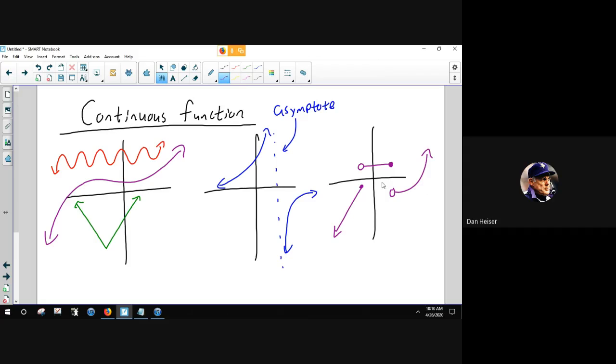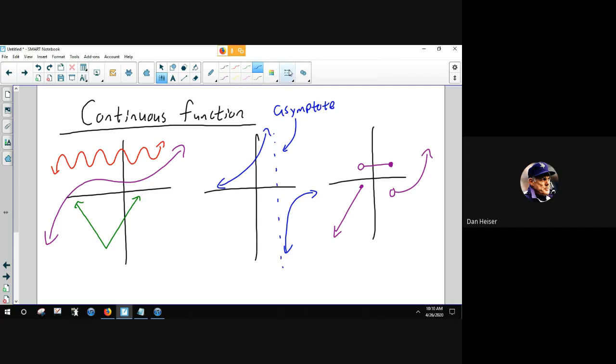But notice again, there are holes, there are gaps. I can't trace the entire function without picking up my pencil or stylus and starting over. So I have to jump from here to here, start over. And then this is an open circle. Notice, I can do this section, but then I have to jump, pick it up, relocate, and then start over. So these are not continuous.